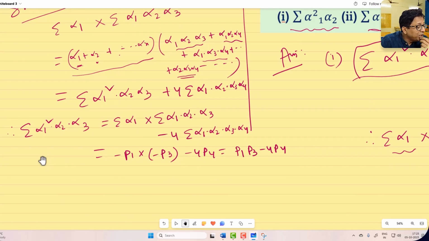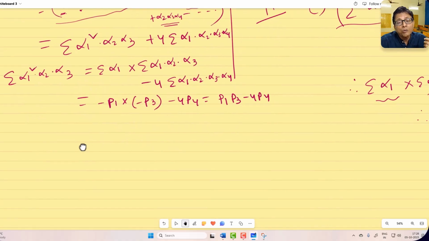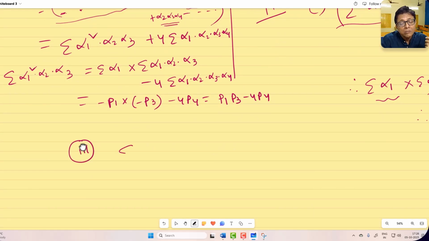Now, suppose in one sum, they have asked you to find the value of, it is not given here, but I am telling you, sigma alpha 1 square by alpha 2. How to find this sum? It is alpha 1 square by alpha 2 plus alpha 2 square by alpha 1 plus alpha 3 square by, all these are coming.